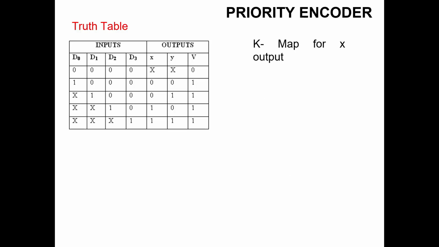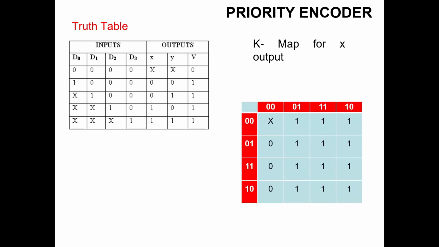Now the K-map for the output X will have the four variables D0, D1, D2 and D3 and the output X. From the truth table, it is clear that when D3 is 1 and D0, D1 and D2 have any value, then the output is high.